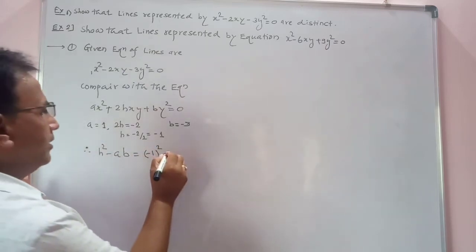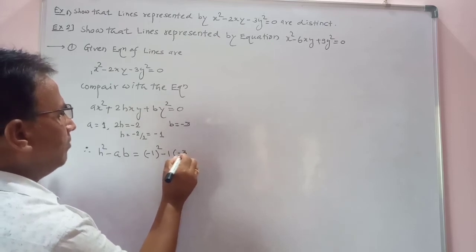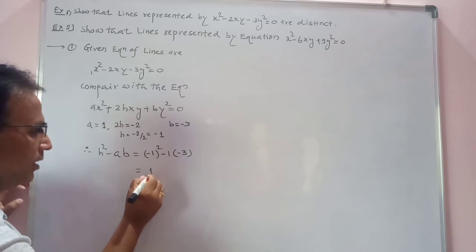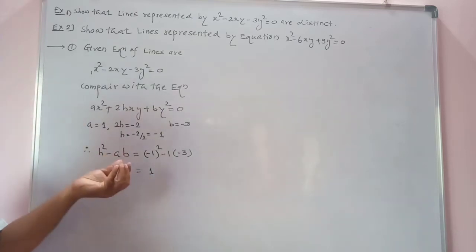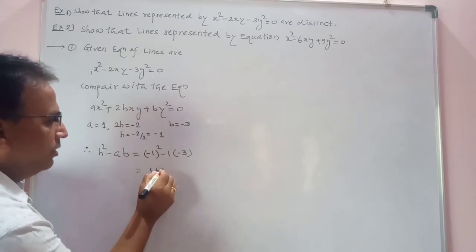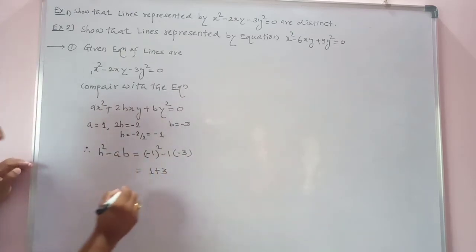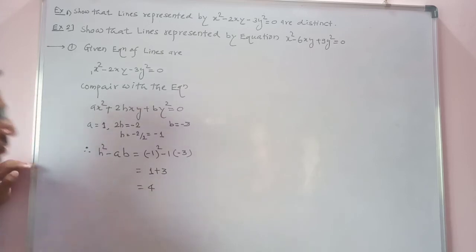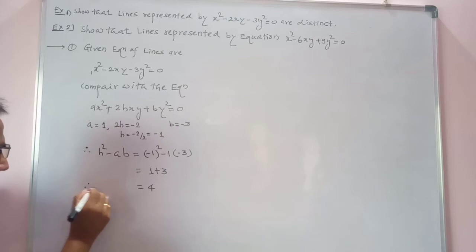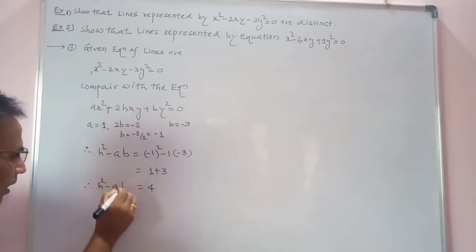The value of a is 1 and b is minus 3. Minus 1 square is plus 1 and minus 1 into minus 3 is plus 3. 1 plus 3 is 4. Therefore, h square minus ab equal to 4.